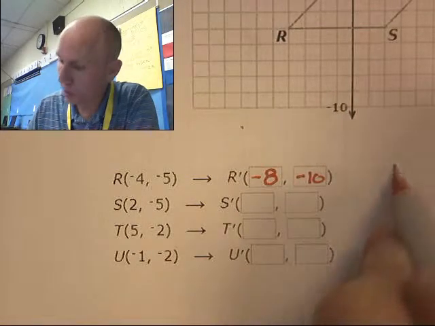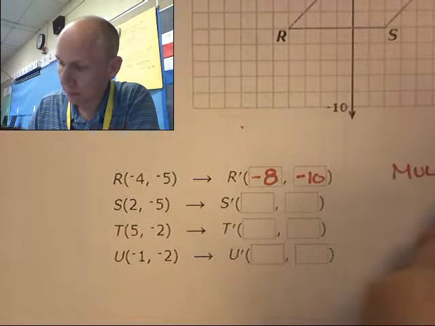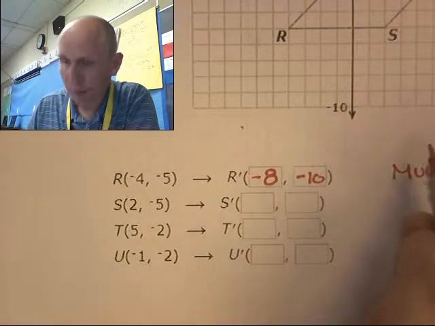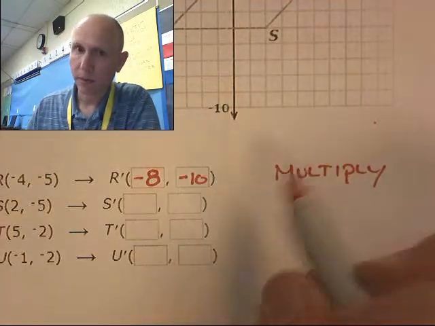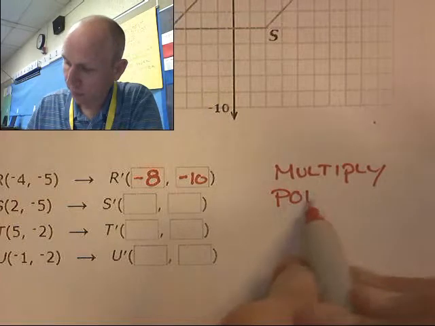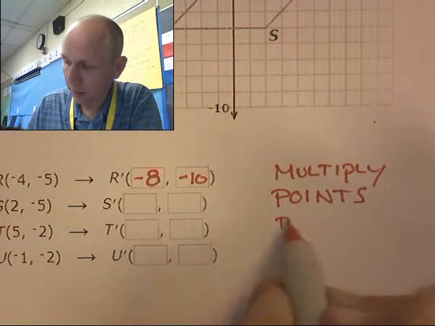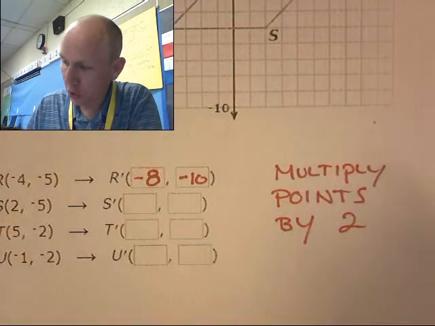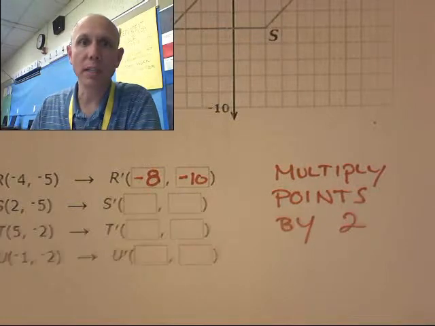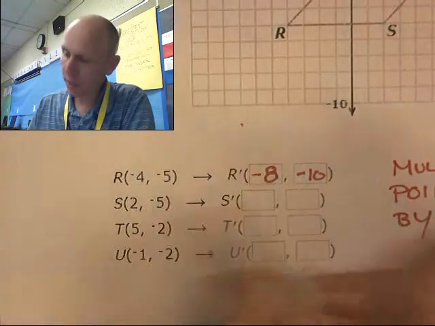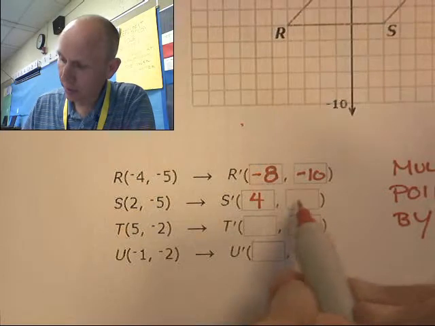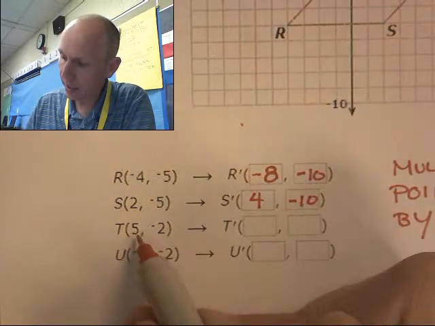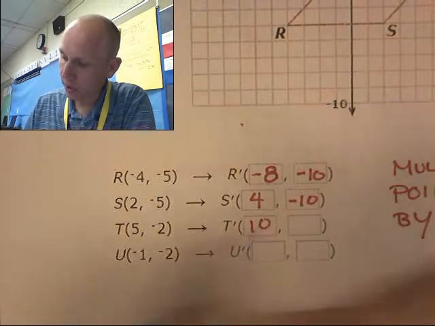All I'm doing is multiply points by 2. That's all I'm doing. 2 times 2 is 4. Negative 5 times 2 is negative 10. 5 times 2 is 10.